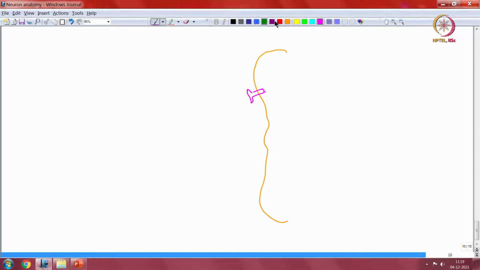Each of these quantized acetylcholine molecules will go and bind to an acetylcholine receptor, and this in turn triggers sodium channels.